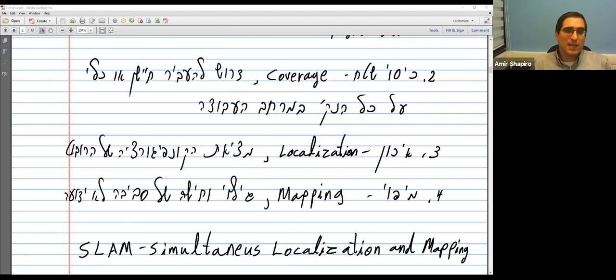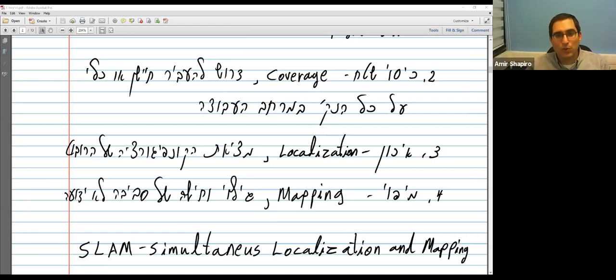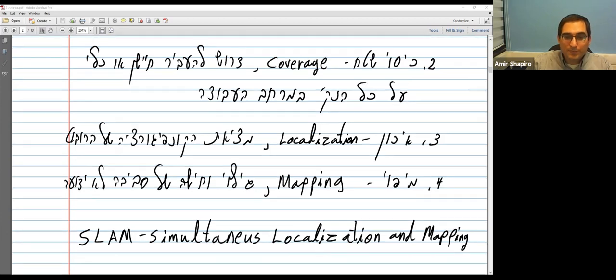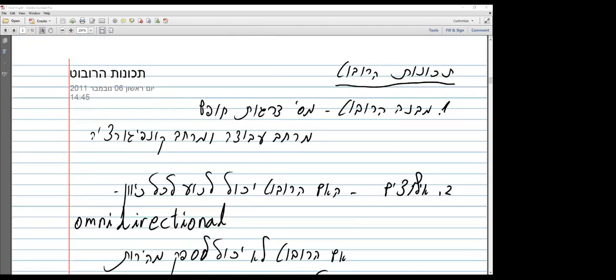While in mapping, sometimes it's enough to see, and you don't have to see all the environment. You map only the area that you find along the way. In coverage, you want to cover the entire environment. That's okay? Yes, thank you.